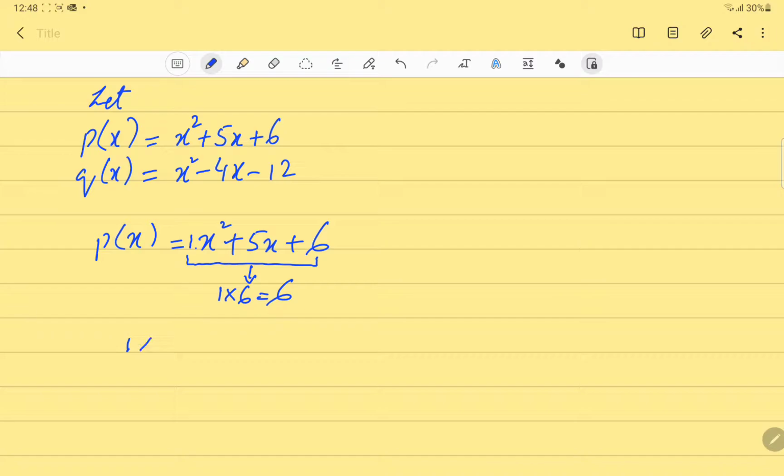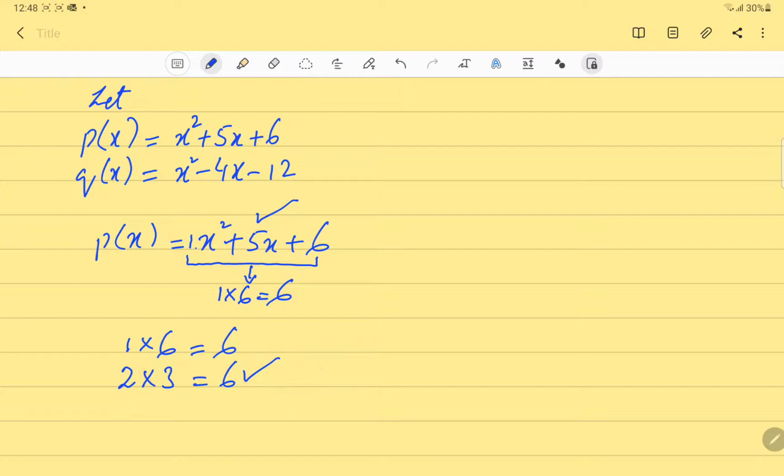Of course, first will be 1 into 6 is equal to 6, and the second one is 2 into 3 is equal to 6. Now which one of these two pairs of factors, when we add or subtract, gives us plus 5x? Obviously that is the second one.